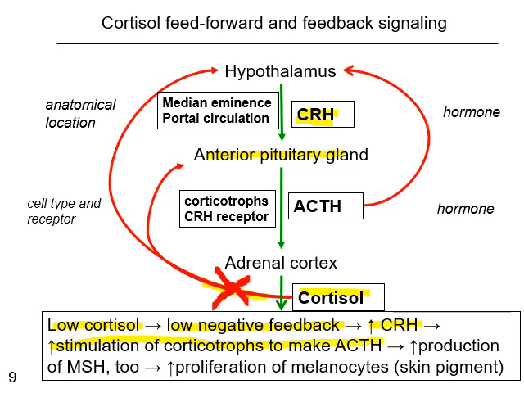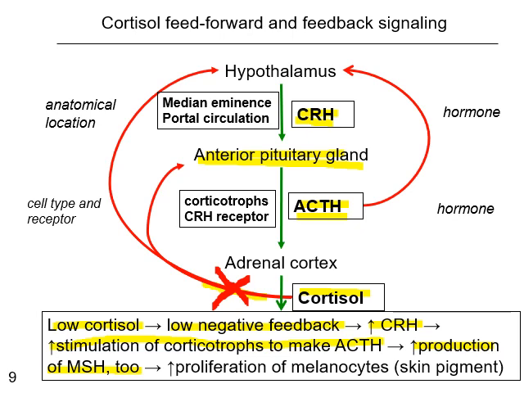But remember, ACTH comes from pro-opiomelanocortin. So the stimulation of the anterior pituitary gland to make ACTH also increases the production of MSH, alpha, beta, and gamma melanocyte stimulating hormone, because they are produced from the same precursor, POMC, as ACTH.